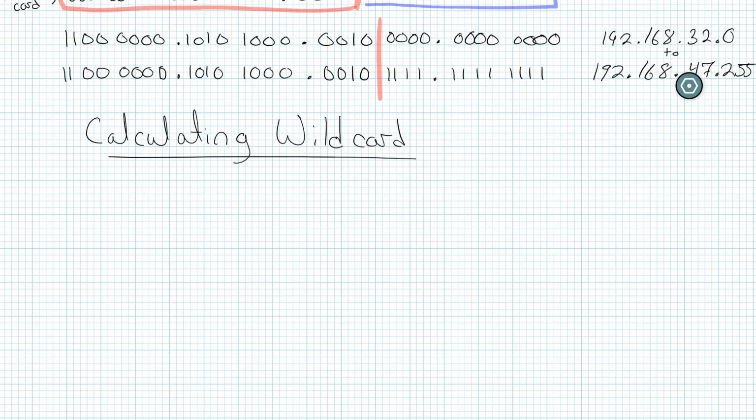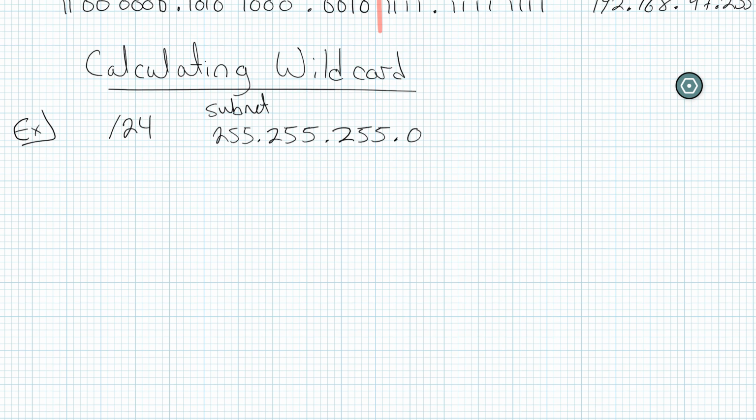So we're going to now look at calculating wildcards. When we're calculating wildcards, it's a little bit different, but it's very similar. If we wanted to permit all users on a network, we can just take the subnet mask and subtract it from 255.255.255.255. So what do I mean by that? If we're looking at, say, a /24 network, which has a subnet mask of 255.255.255.0, we can subtract that from a mask of all ones in order to calculate the wildcard.